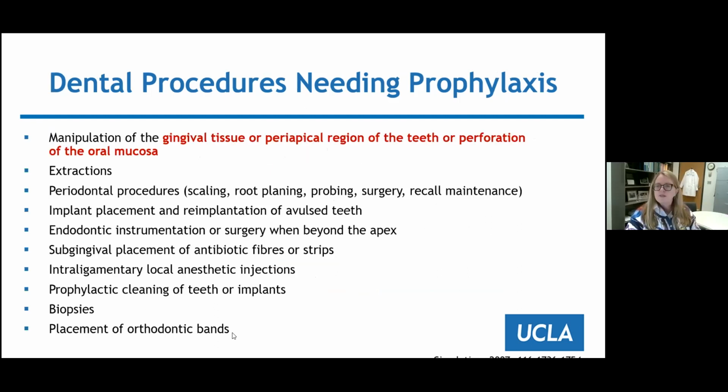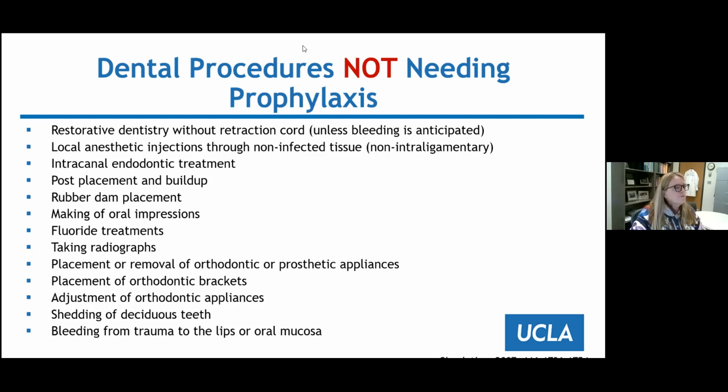I'm not going to read these next two slides to you. They're listed here for the dentists in the audience. These are the dental procedures that you're doing that would need prophylaxis on an eligible kid with cardiovascular disease. Those things are all listed here, but the primary thing, in red here per the guidelines, is that if you're going to be manipulating these areas or structures, it requires prophylaxis.